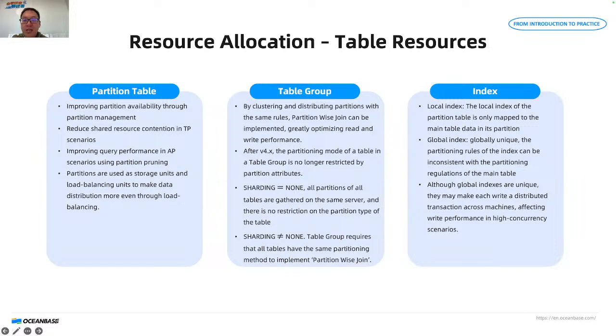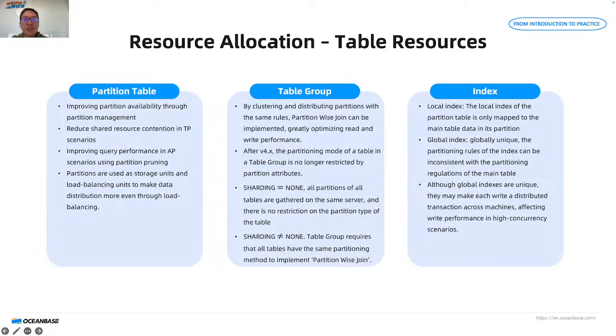In version 3, tables added to a table group needed to have the same partitioning method, which imposed restrictions. Starting from OceanBase version 4.2, the partitioning concept has been removed, allowing tables with different partitioning methods to be added to a table group.